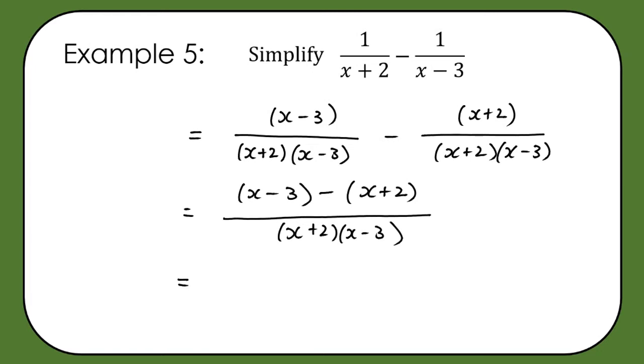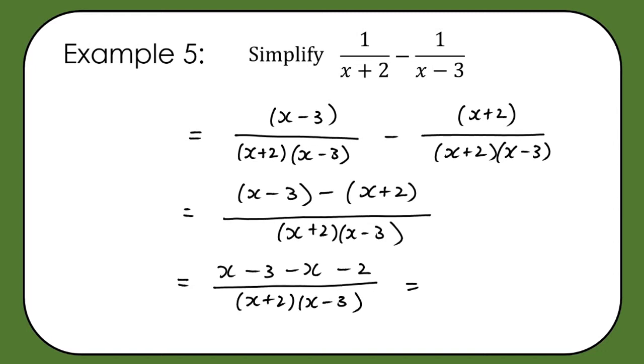Okay, so let's expand and simplify the numerator. So we've got x minus 3 minus x minus 2 all over (x plus 2)(x minus 3). The numerator tidies up quite nicely to just negative 5 over (x plus 2) times (x minus 3).